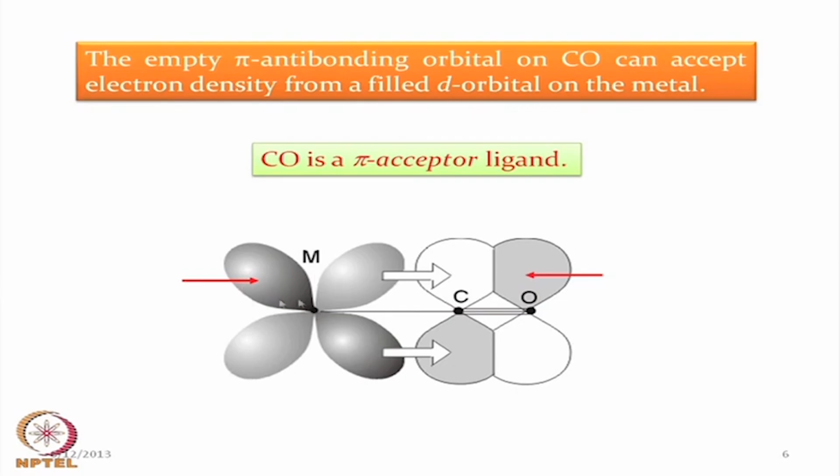So, if we push some electron density from the metal orbitals to this vacant pi star orbital of carbon monoxide, the carbon monoxide bond order will decrease and the bond length will increase, which can very nicely be shown in terms of the corresponding stretching frequency in FTIR. Fourier transform infrared spectroscopy can be utilized to detect that interaction.